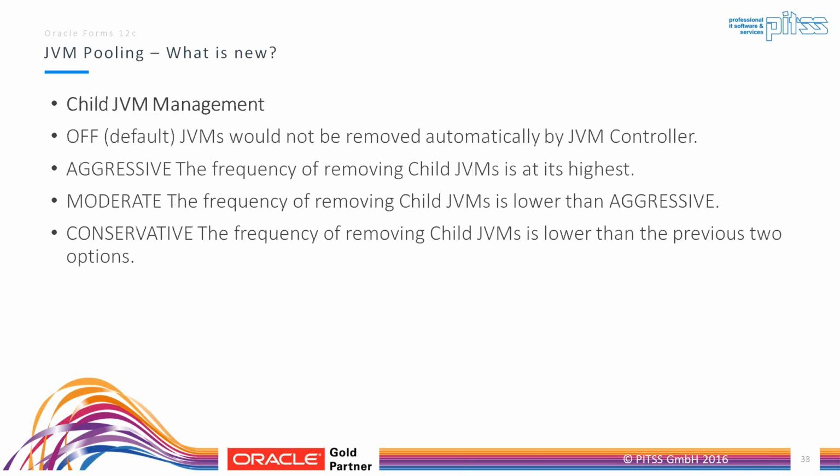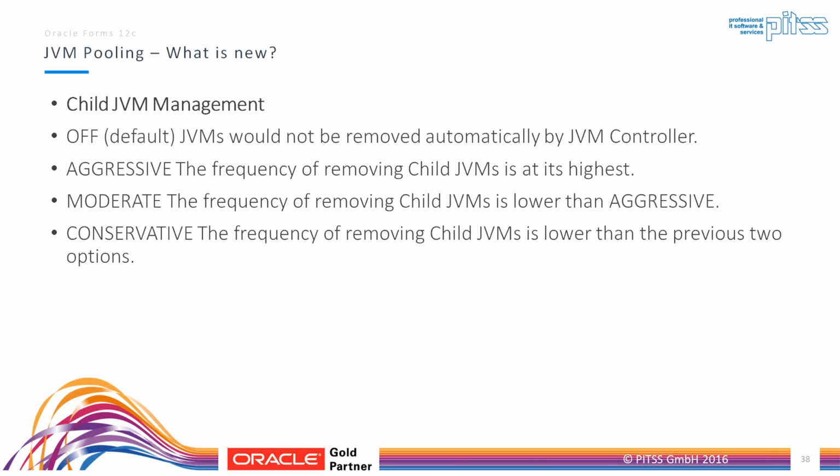So what's new here in the Java pooling? You still have off, of course. JVMs would not be removed automatically by the JVM controller. That was the first slide we saw. Every Forms process has its own JVM. Then instead of the on mode, you have now 3 more different modes, and the first one is the aggressive one.